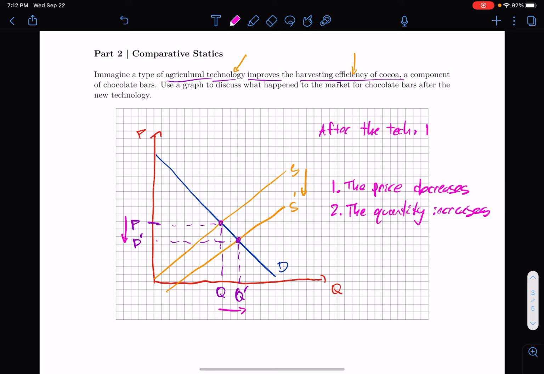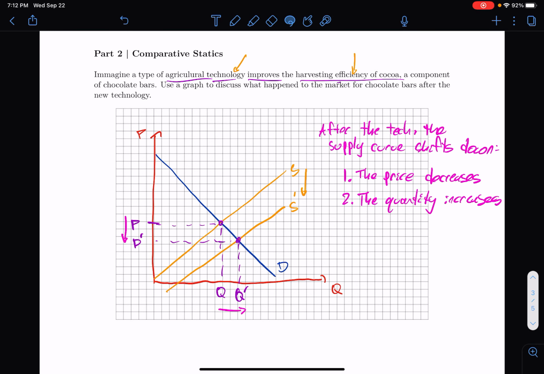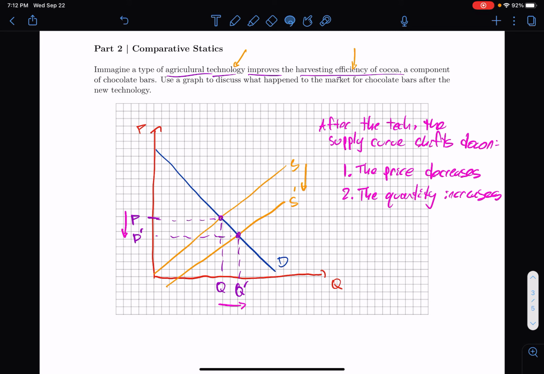We can say the supply curve shifts down. And that gives us these two results here. Let's make this look a little cleaner. All right. So we've identified everything that's going on that we're aware of in this market. Okay.